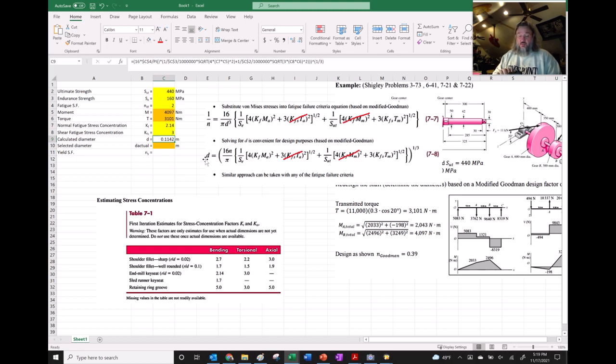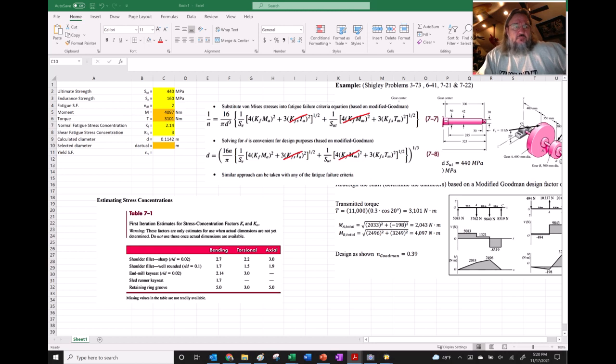But, let's see. Okay, so 1.1142. So let me take a look at my previous hand calculations of this. And did I mess anything up right here? I think I might have.